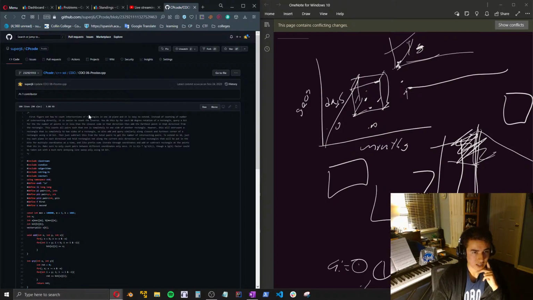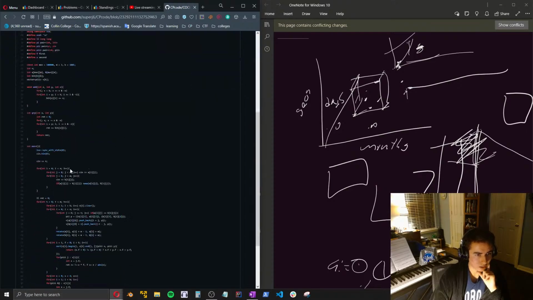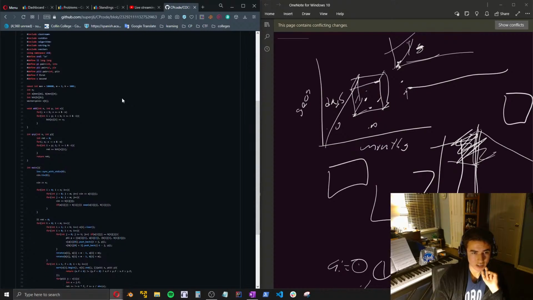Here is how to count intersections of rectangles in one 2D plane. Oh, okay, yeah, this is the problem. You have rectangles in 3 dimensions, and you're counting the number of intersections.